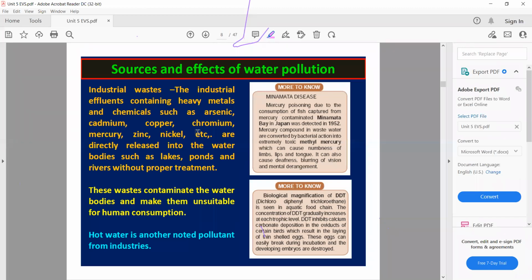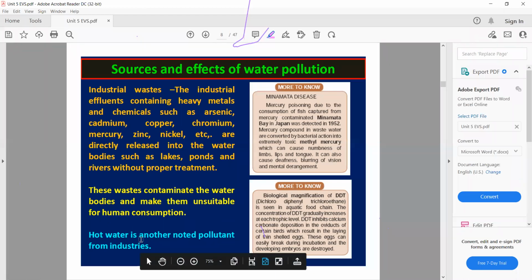Like the air that is given out is processed with chimneys, electrostatic precipitators, and scrubbers, these effluents should also be processed. Raw effluents full of pollutants should not come out into the water bodies. These wastes contaminate the water bodies and make them unsuitable for human consumption. Obviously, who will consume this water?